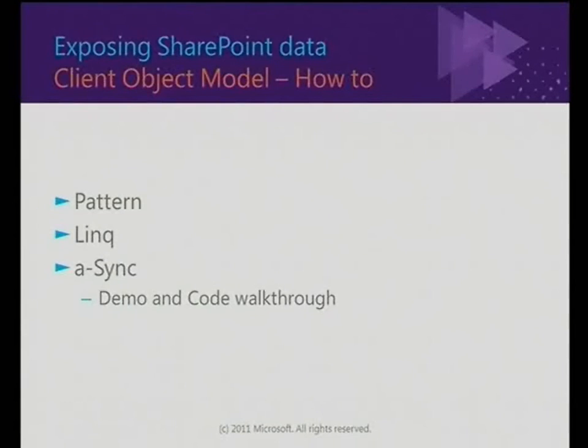And what they've done in 2010 is they've come up with this client object model that we can use from Silverlight, from JavaScript, from our VSTO add-in to query SharePoint in a more natural way. So basically, it is a proxy object model that lives on the client and that you can use. So it's got a web, it's got an application, it's got lists, it's got list items and all those types of things.